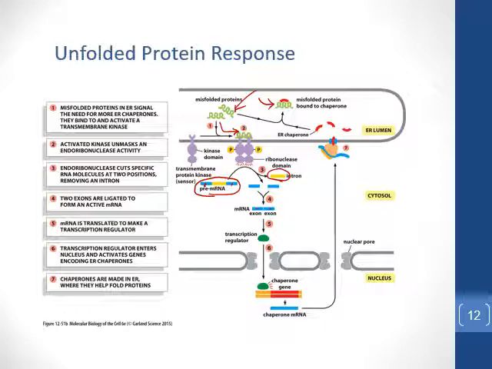That transcription factor then moves over to the nucleus where it upregulates the transcription of genes that encode chaperones. We make our chaperone mRNA. Our chaperone mRNA gets exported. It gets translated. Okay, the chaperone is moving through the translocon, and we can aid in the protein folding process.